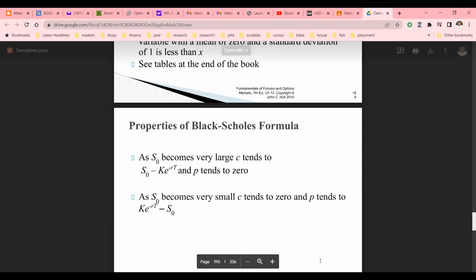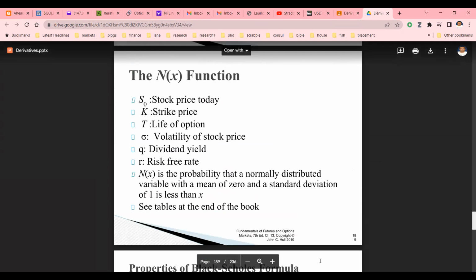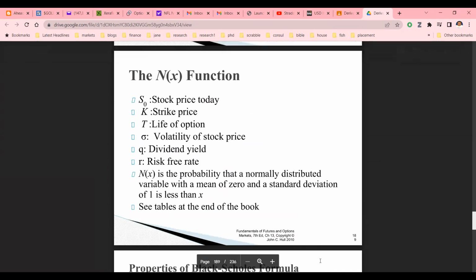The important components of the Black Scholes model are stock price today and life of option. This sigma, which is the volatility of the stock price, is very, very important. When volatility is high, option premiums will be high. When can volatility be very, very high? Right now, volatility is very, very low. The Indian market index Nifty, volatility has crashed like anything.